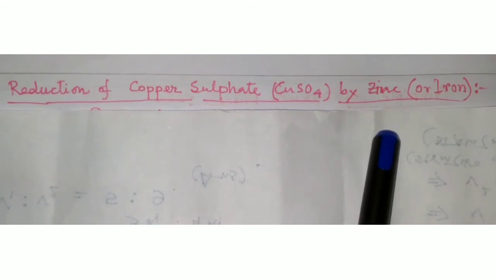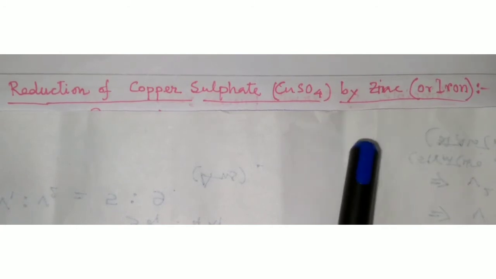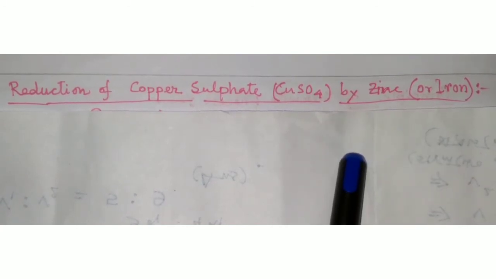However, if copper is added to zinc sulfate solution, then no reaction occurs. Since copper is less reactive than zinc, it cannot displace zinc from zinc sulfate.